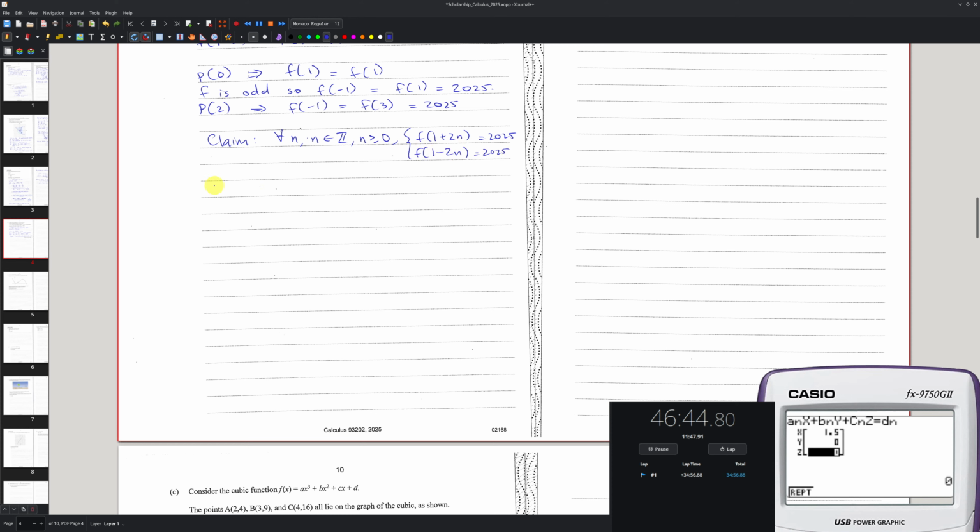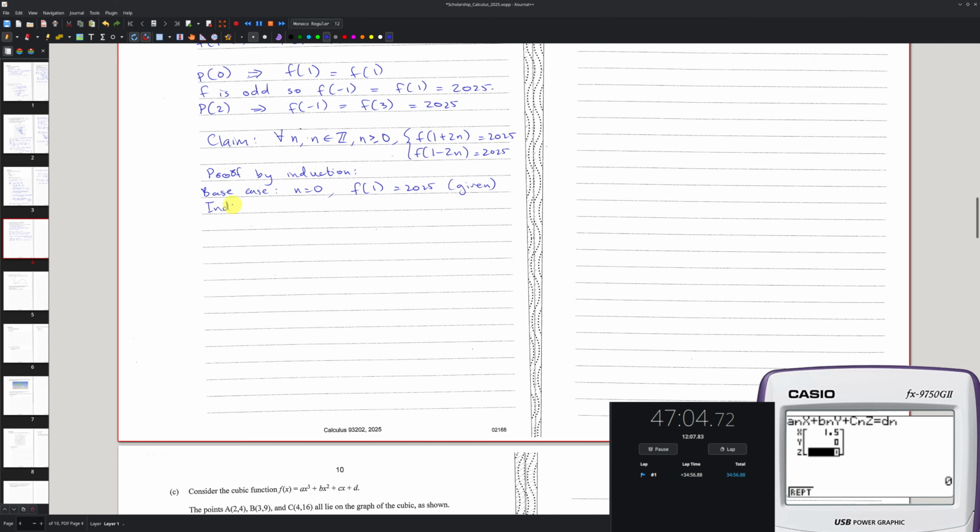So proof by induction. Base case: n equals 0, f of 1 equals 2025, given.